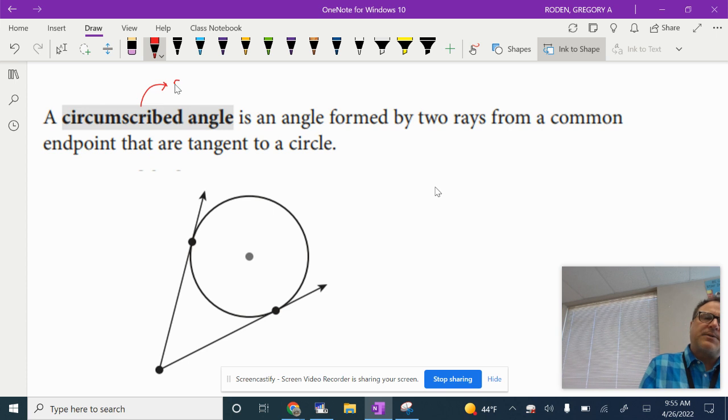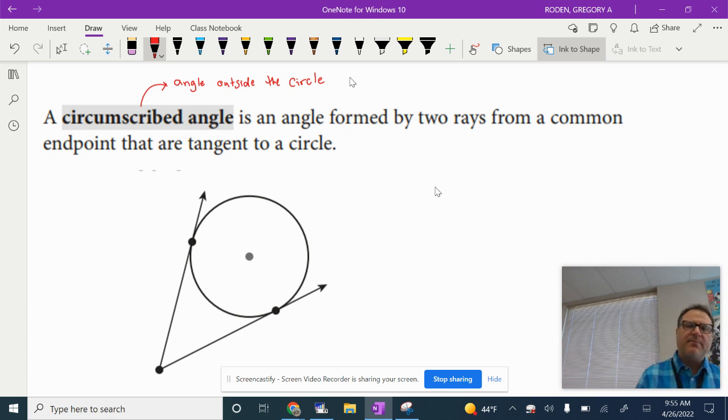So angle outside the circle. An important fact about circumscribed angles is they're angles that are outside the circle. Now, what is the circumscribed angle here? It's an angle formed by two rays from a common endpoint that are tangent to the circle.